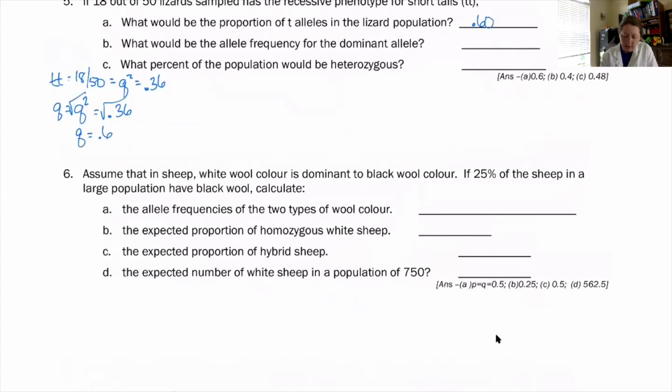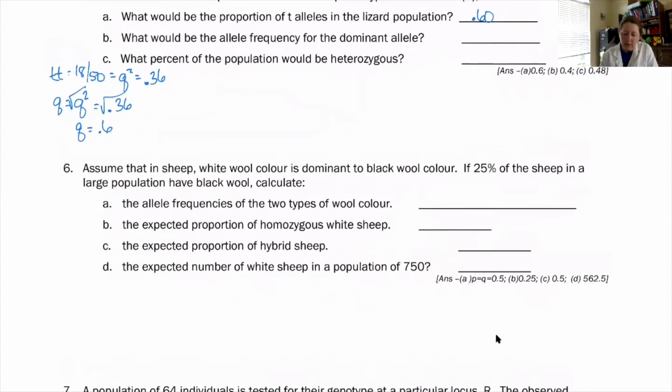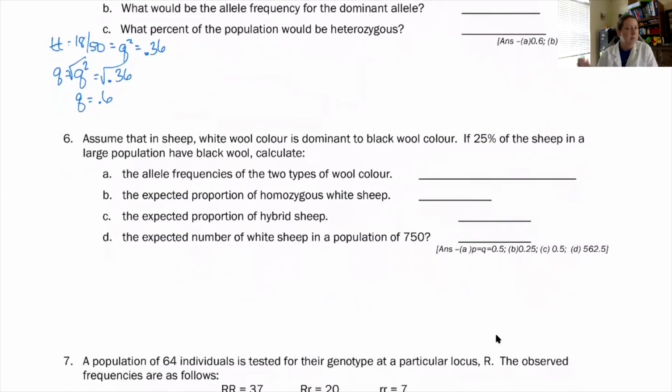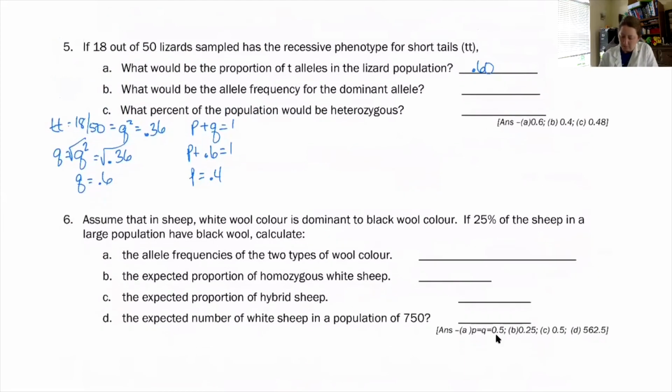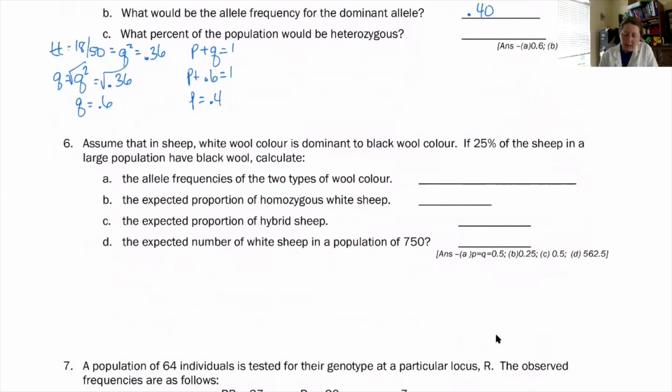All right, great. So then what would be the allele frequency for my dominant allele? Okay, so my dominant allele, which is P, I know that P plus Q equals 1, and I just solved for Q, didn't I? So P plus 0.6 equals 1, solving for P, I get P equals 0.40. Great. Then it says, what percent of the population would be heterozygous?